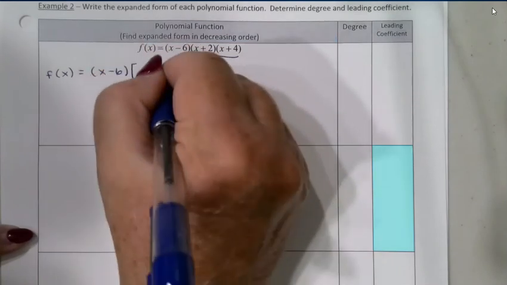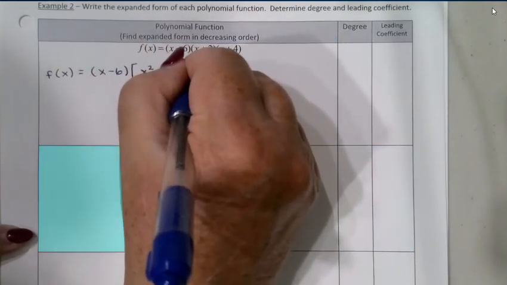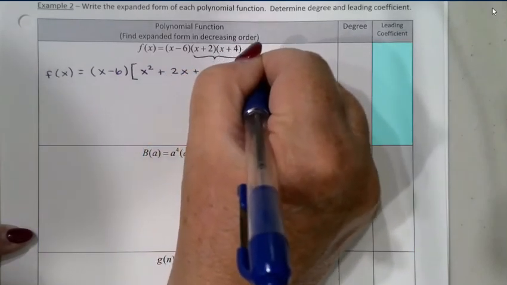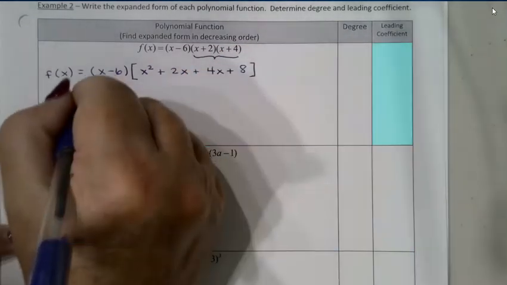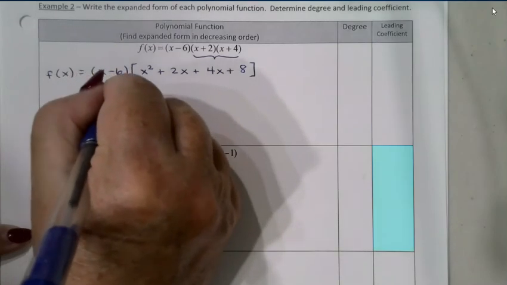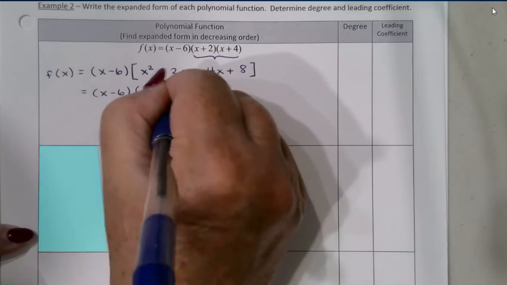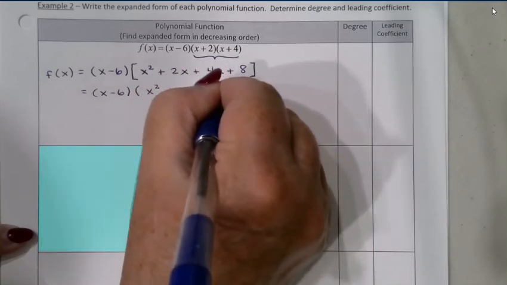So x squared plus 2x plus 4x plus 8, which I can write as x squared plus 6x plus 8.